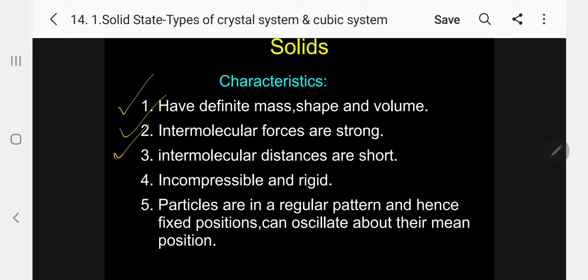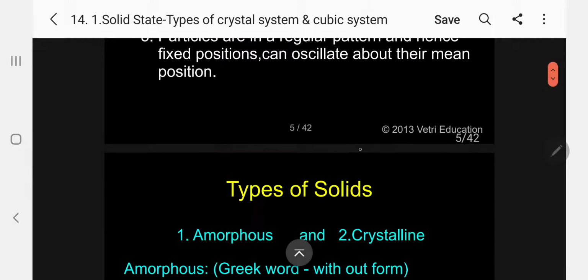Three, in solids, intermolecular distances are short because particles are very close. Four, generally, solids are incompressible and rigid in nature. Number five, in solids, particles are in a regular pattern and hence in fixed positions, and can oscillate about their mean position. Please follow.